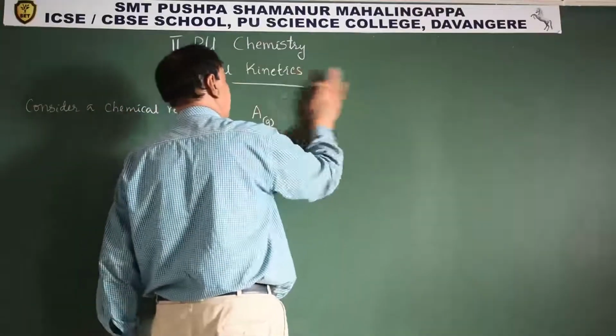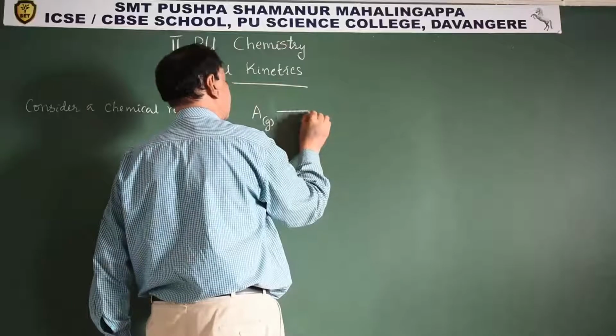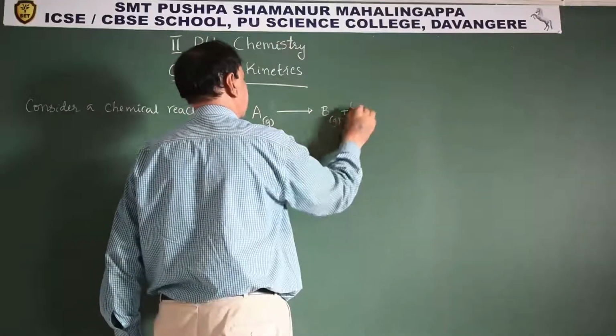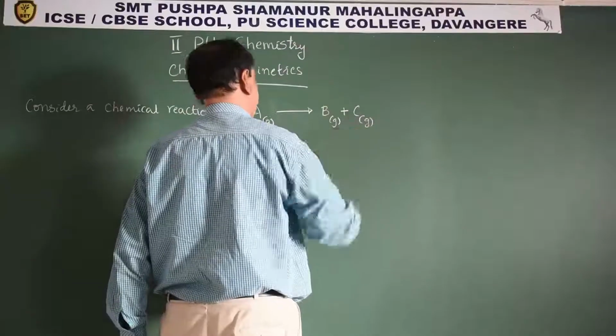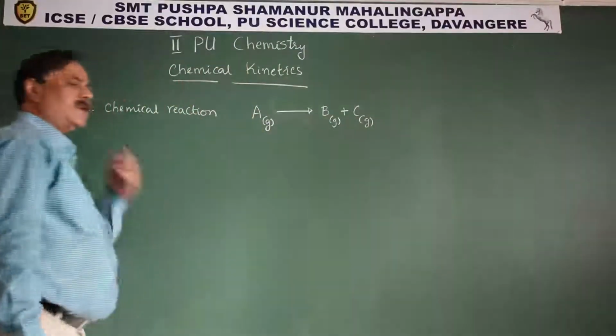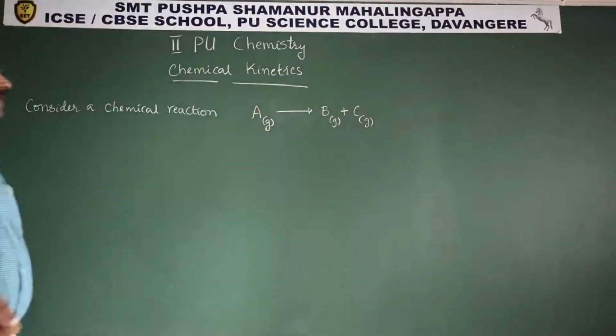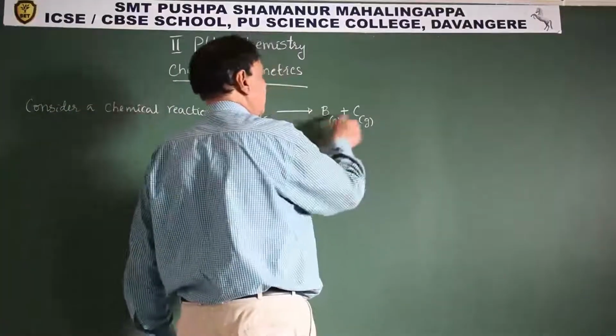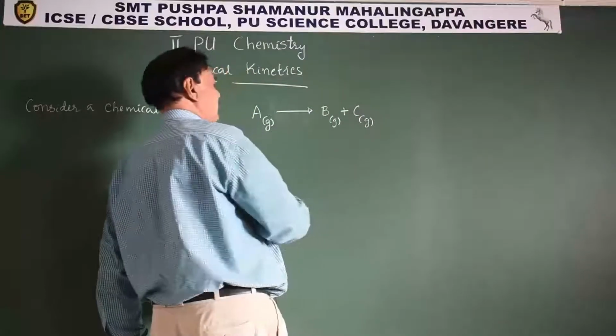So A gives rise to B, that is in gaseous state, and C, that is in gaseous state, where A is the reactant and B and C are the products.